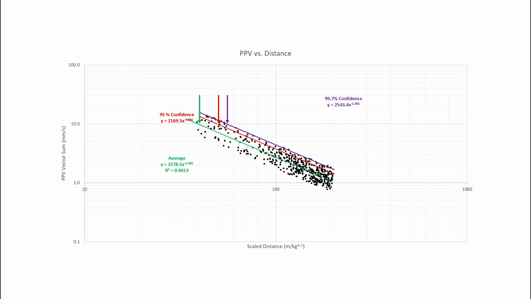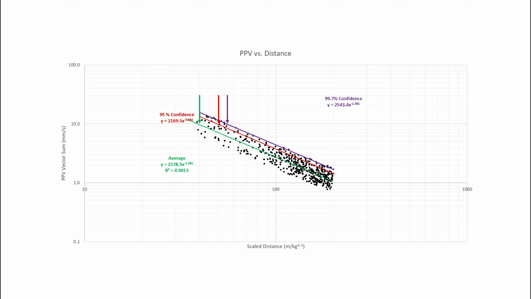This is going to show that with the average trend line in the green, one arrow is showing that if I want to stay below 10 millimeters per second, then on average, a scale distance of 40 is fine.